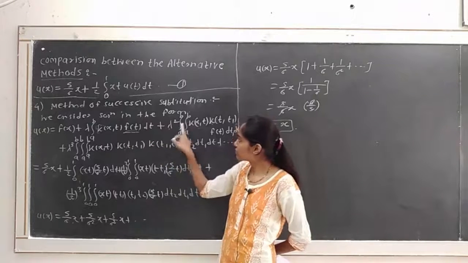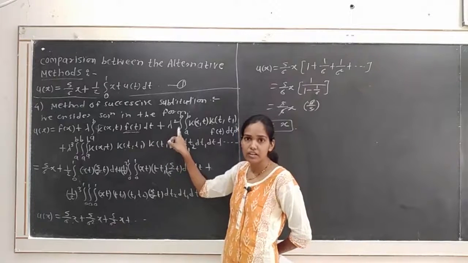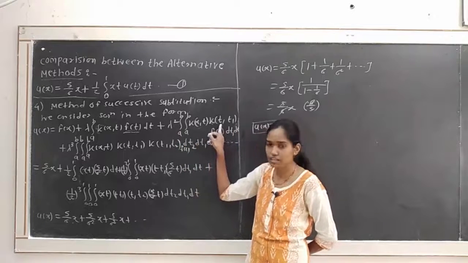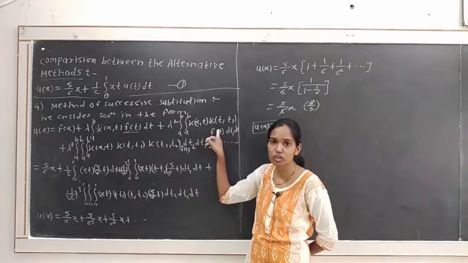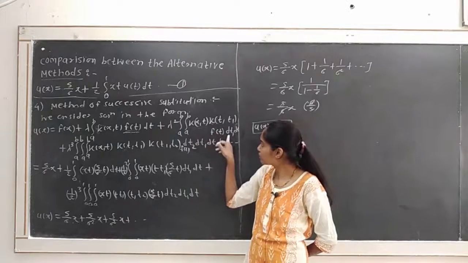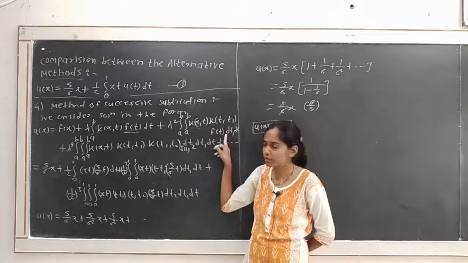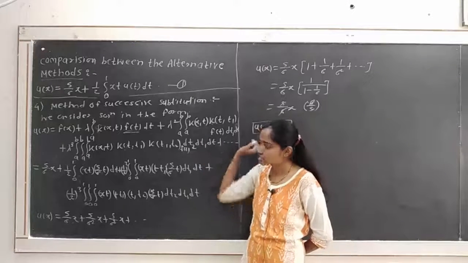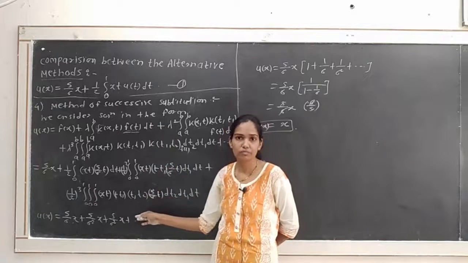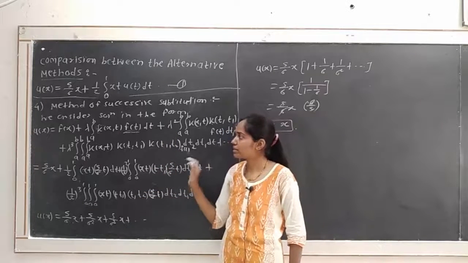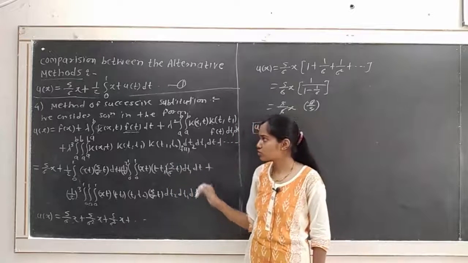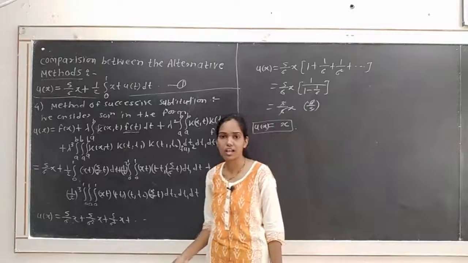Then in the next term we get the double integral, lambda square, and kernel k of x t and the second kernel in terms of t, t1, into f of t, the unknown function replaced by f of t, dt1 dt. So in this way the series can be extended, and then we have to put all these values here to find the solution. But this method is lengthy for finding the solution as compared to all the other methods.